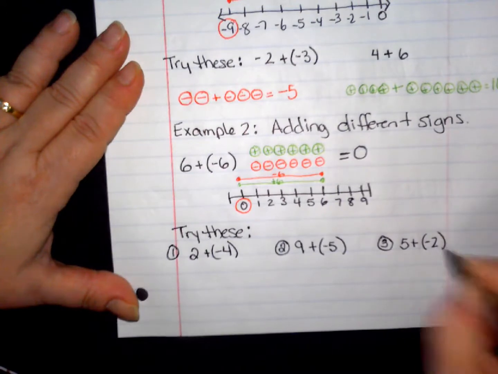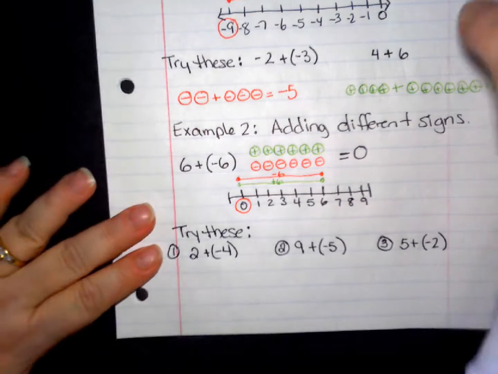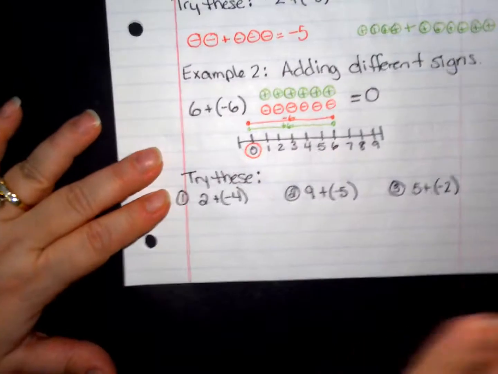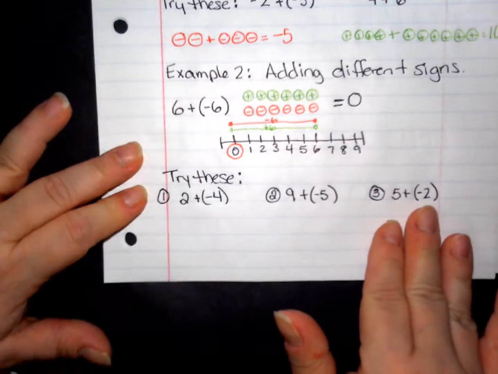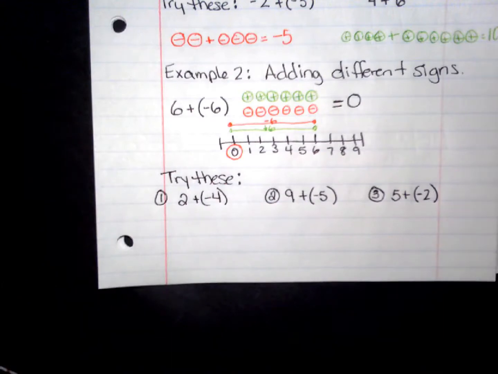Okay, so now go ahead and pause the video and try these on your own. And then once you've finished modeling them and you think you have the answers, come back, hit play, and you can watch me solve them, okay?